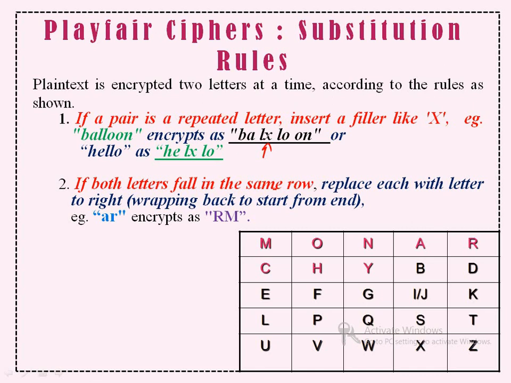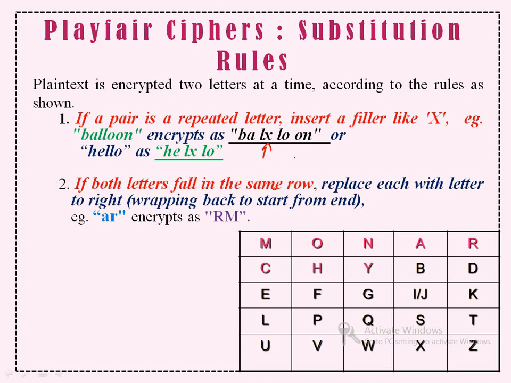Like here, L comes earlier than O. So you are utilizing LX, LO, ON. So basically, you have to observe whether you are able to find a 2-letter pair. Since LL is coming before OO, we are appending that X with L. Yeah. So that's what we are trying to do.